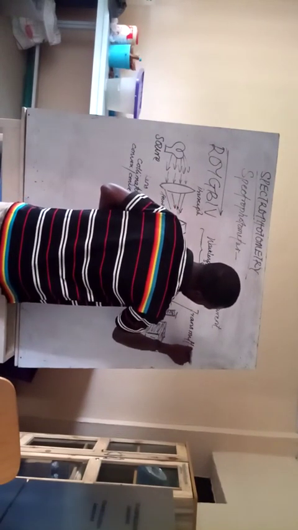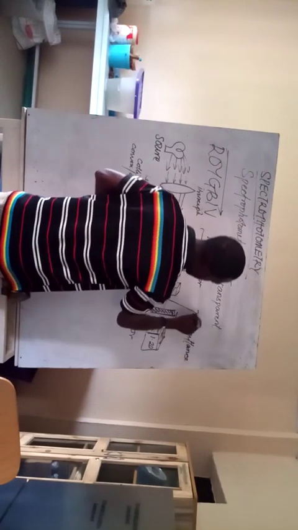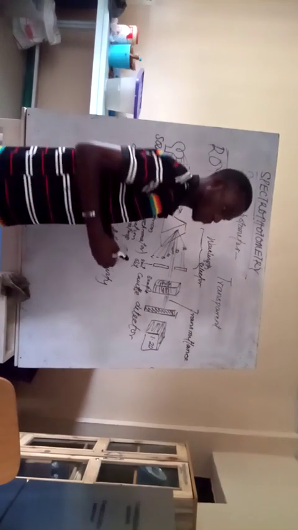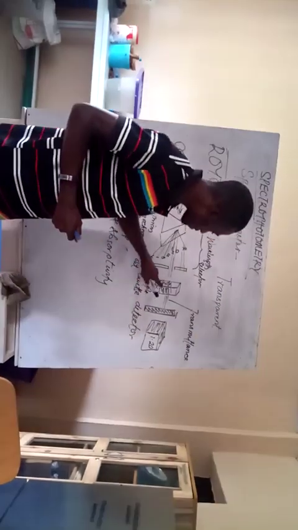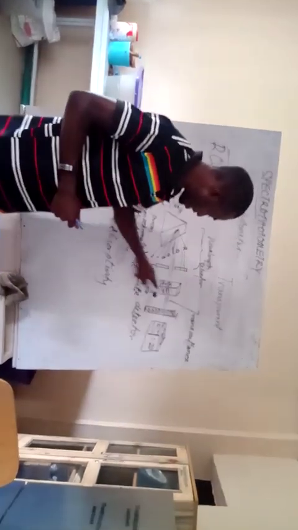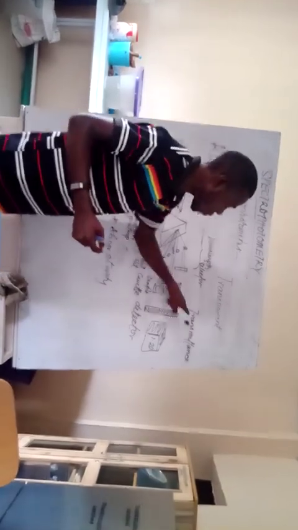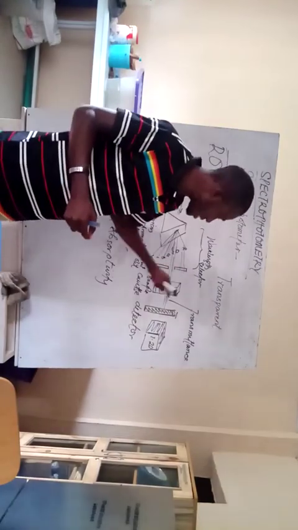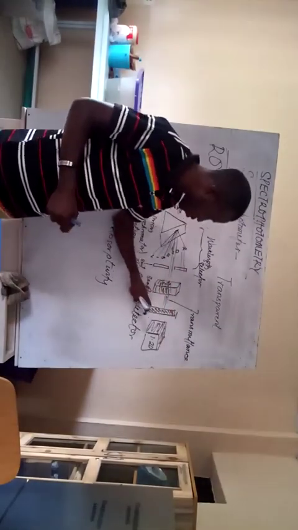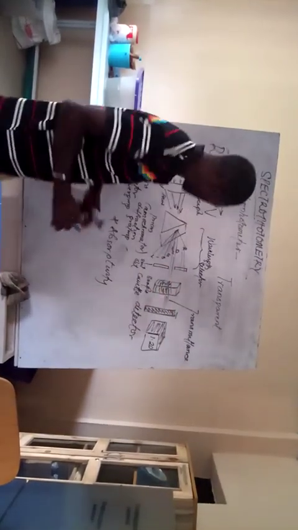So basically, transmittance is the opposite of absorbance. The amount of light absorbed by this material is the absorptivity, or the absorbance of the material, while the amount of light that leaves it is called the transmittance, and that is what will be measured. It's measured in percentage.